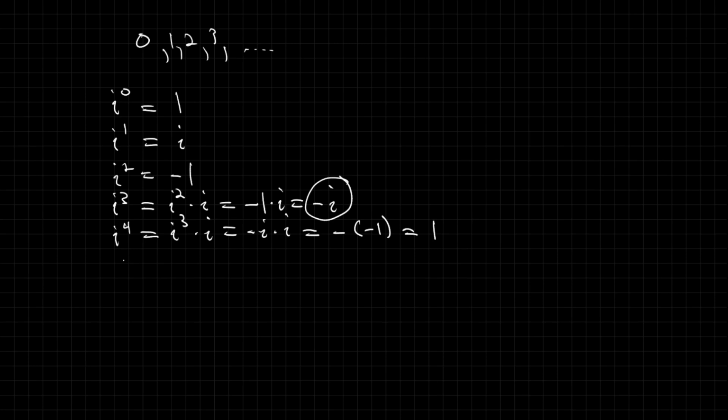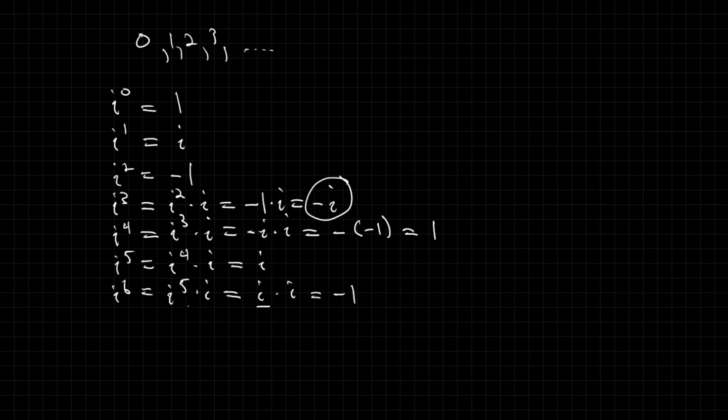Let's do a few more. i to the fifth is i to the fourth times i, and i to the fourth is 1, so this is going to be i. i to the sixth is i to the fifth times i, and i to the fifth is i, so i times i is negative 1.